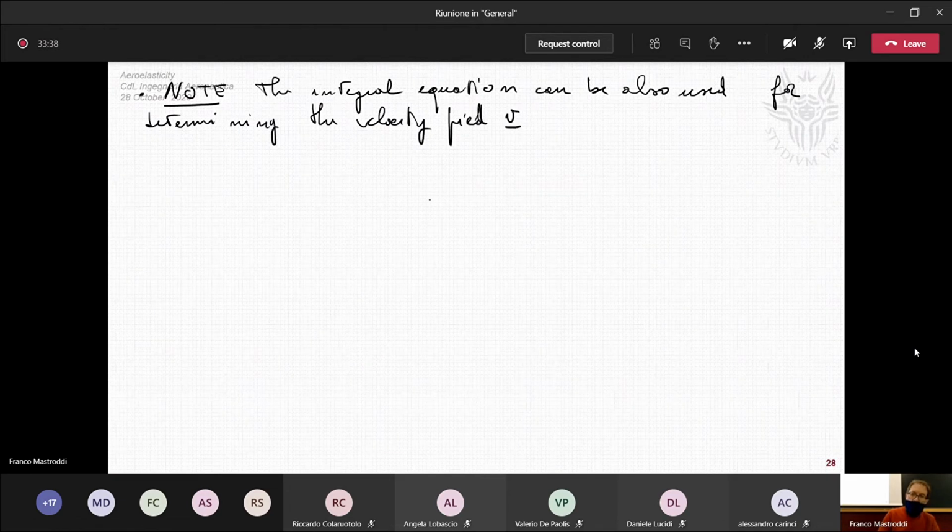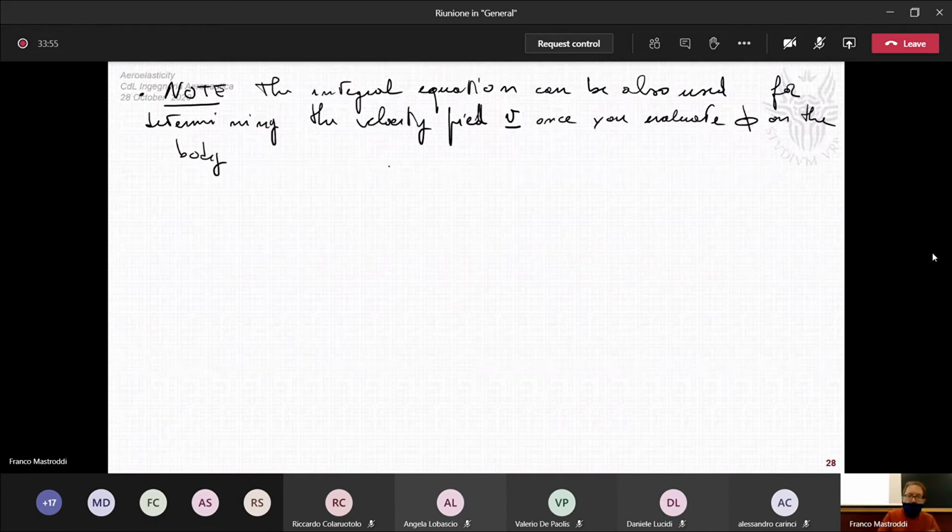V once you evaluate phi on the body. In fact, if you start by this, imagine to have an x star on the body surface.